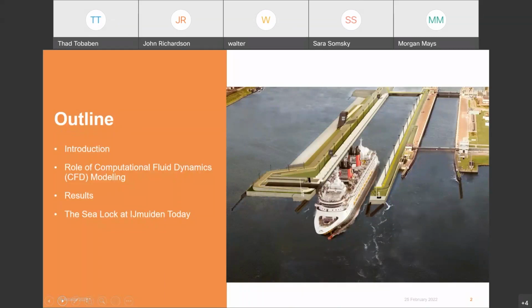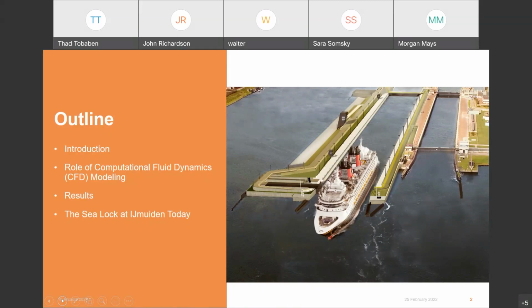So at Arcadis, I manage a small group that does CFD analysis for a living, essentially. And with this project, we played a small role in analyzing how the leveling system for the lock would work.